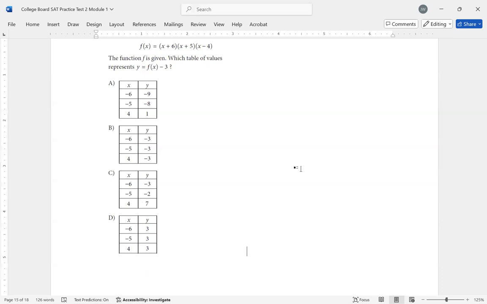And if I did a minus 3 on that, I just subtract 3 after I did all that multiplication. So let me write that f of x and then minus 3 on the outside would give me the product x plus 6 times x plus 5 times x minus 4. And then after I did that multiplication, then I would subtract 3.